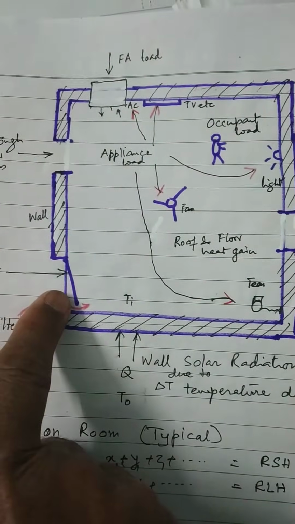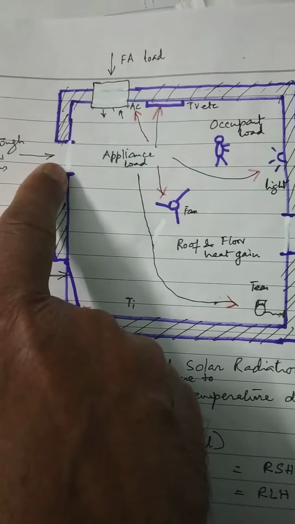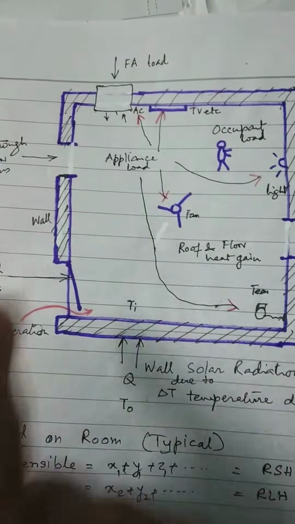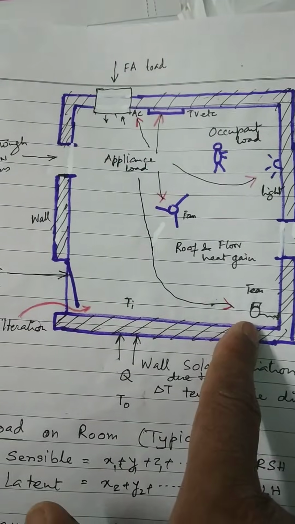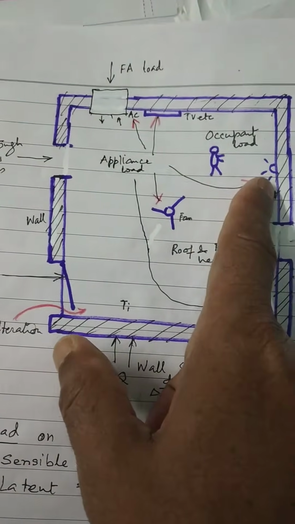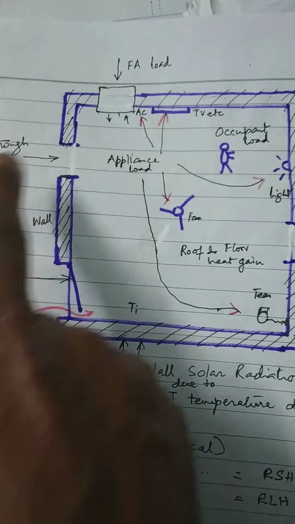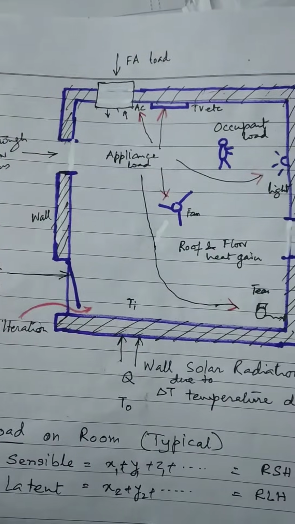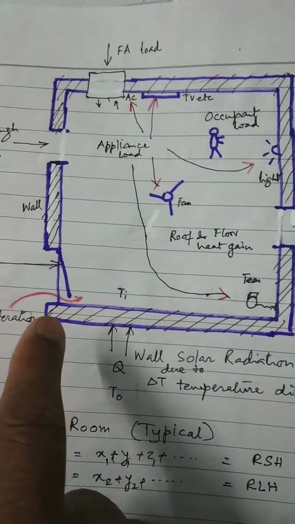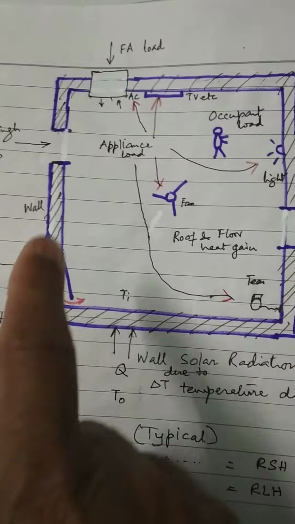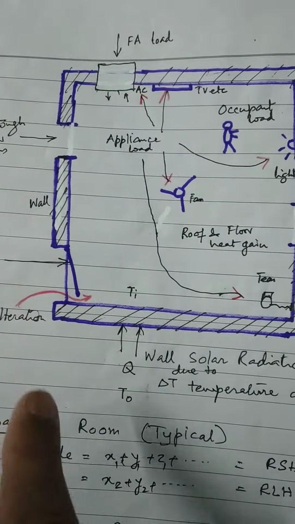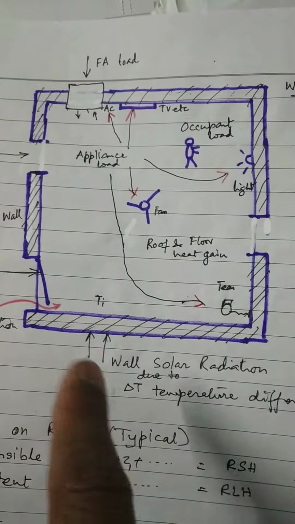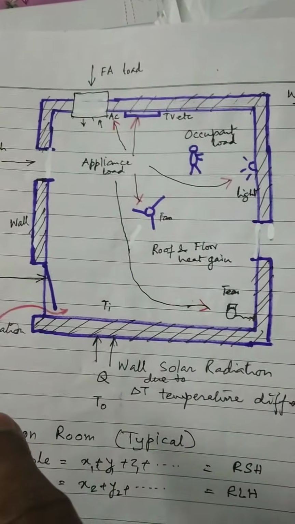This room has a door, windows, a fan and a tea maker, a light and a television, etc., and also an air conditioner. This room is made up of walls, the window has glass, the door has a wooden panel or glass. So this room has a certain structure.